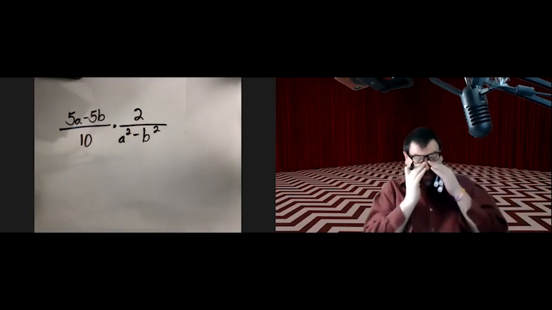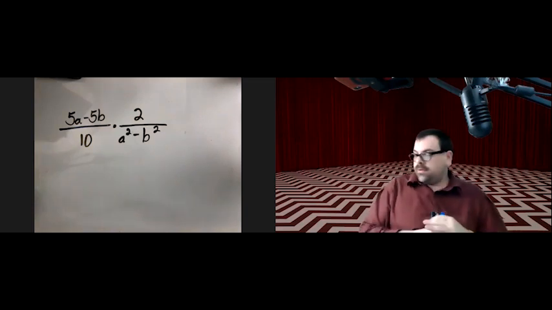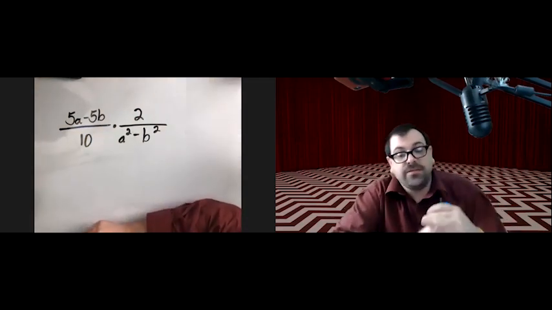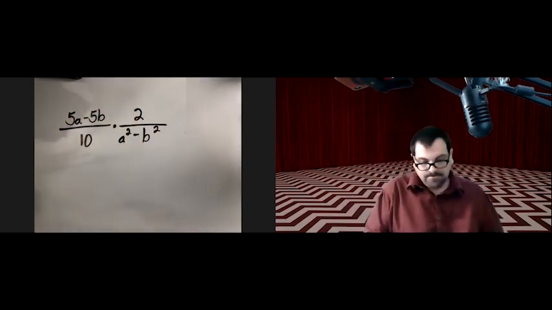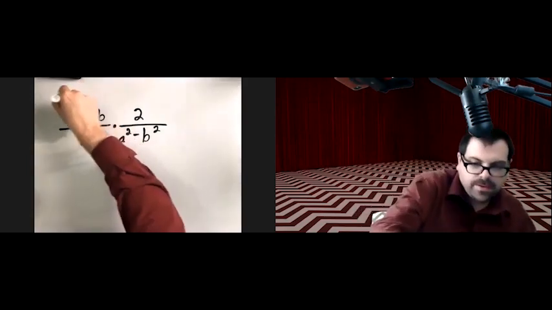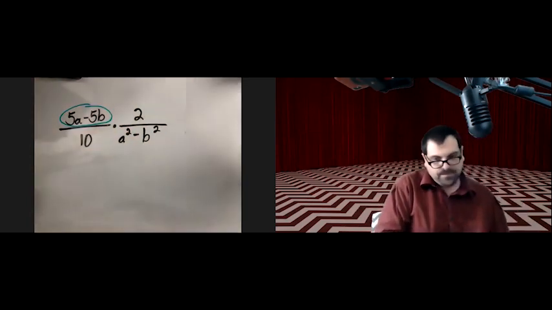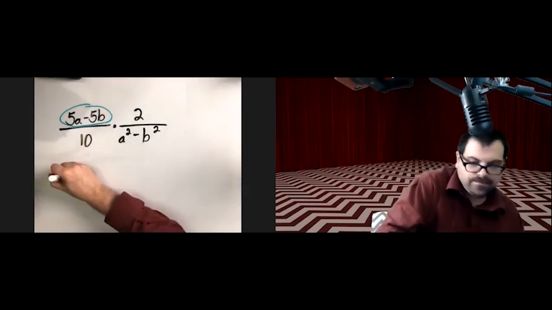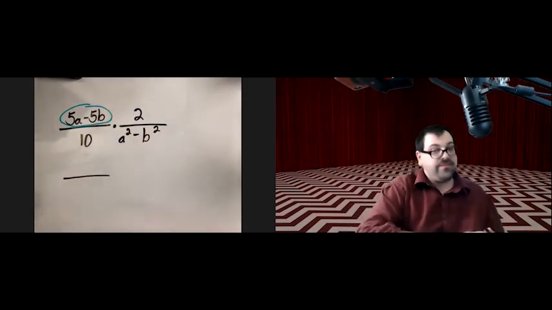You might look at this and go, wow, that was an escalation. We're going to do the exact same thing. We're going to factor all 4 parts of this. So factoring that, we can take out a common factor.